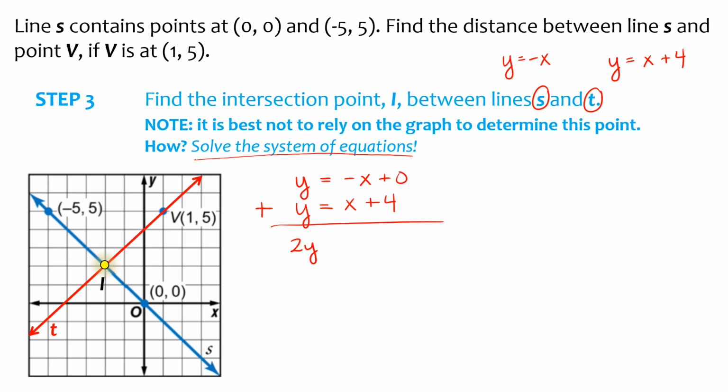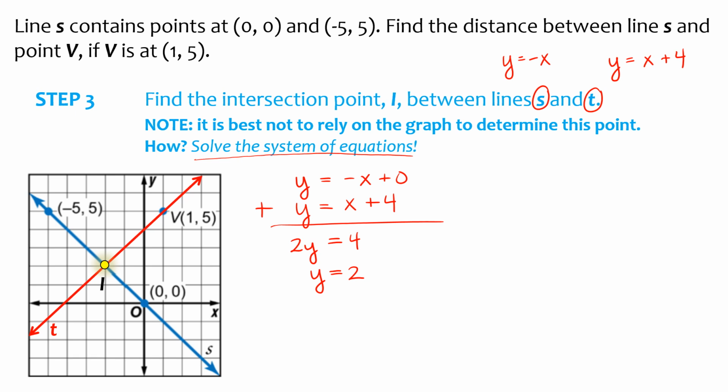Remember, there was a 0 y-intercept in that first equation. And 0 plus 4 is 4. Carry down our equal sign. And the resulting equation, as it should be with elimination, has just the one variable that now we can solve for. So I'm going to go ahead and divide by 2 to confirm that the y-coordinate of point I is 2.